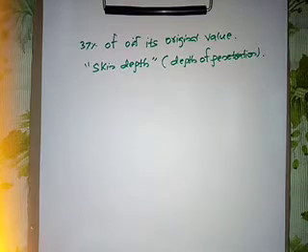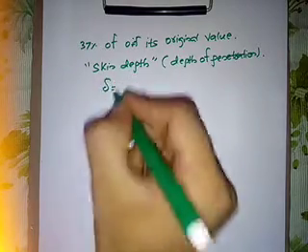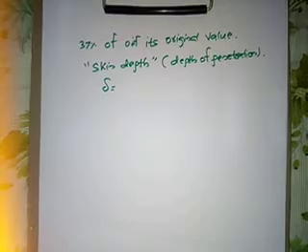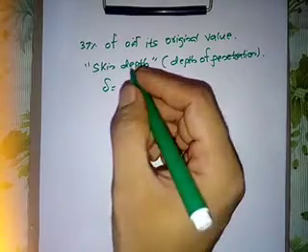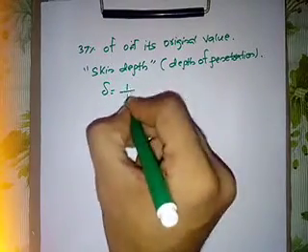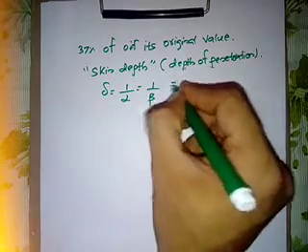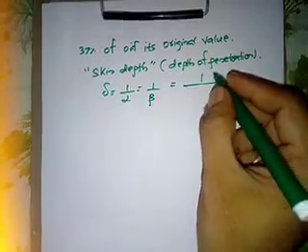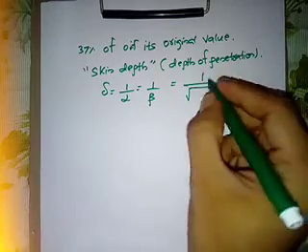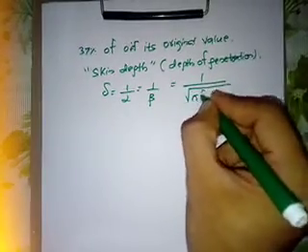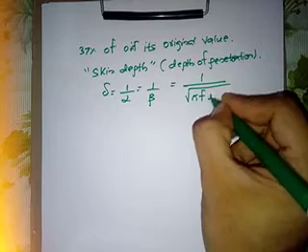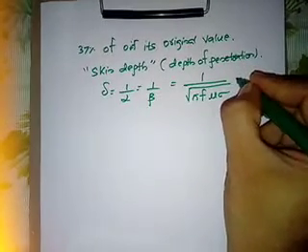This skin depth is denoted by delta. And this delta, that is skin depth, is given by 1 upon alpha, that is equal to 1 by beta. This is equal to 1 upon square root of pi f mu sigma meters.